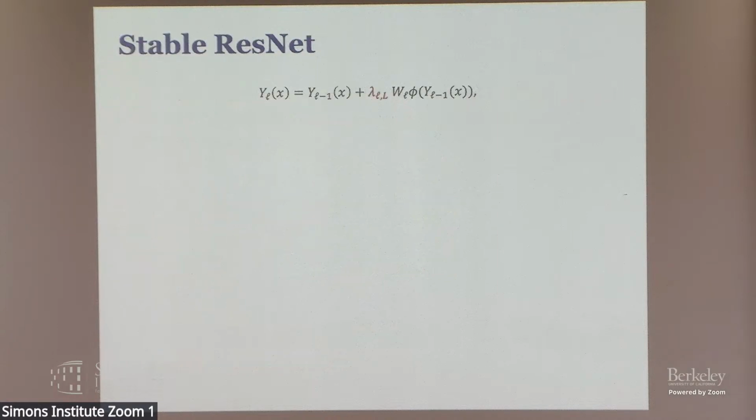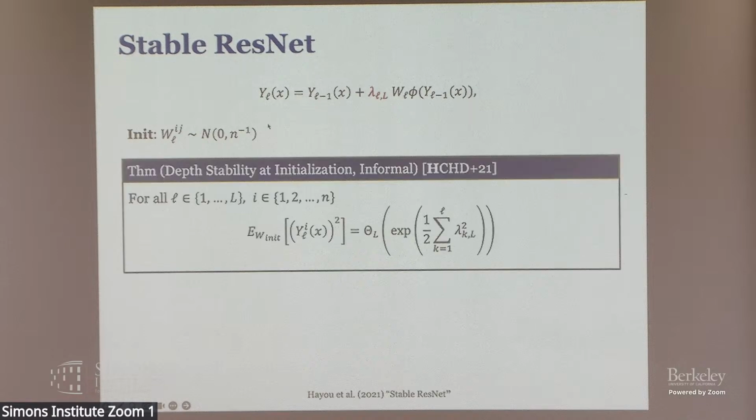This is a very simple mathematical result. Basically, if you put the lambdas here as constants, and you initialize the weights with 1/fan-in, n being the width, you can show that the expected value of any neuron inside the network scales asymptotically in depth like Theta of exponential of 1/2 times the sum of lambda squared.